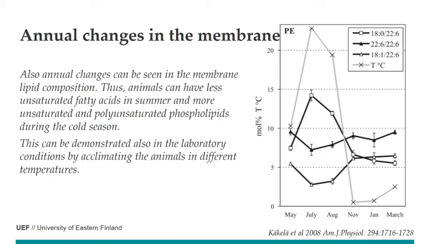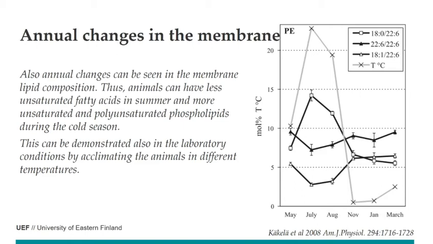So we have annual changes that can be made in acclimatization. So unsaturated phospholipids can be less common in summer, and then more common in the cold season. So okay, here you can see phosphatidylethanolamine. The first one has no double bond, so that's why it's 18:0.